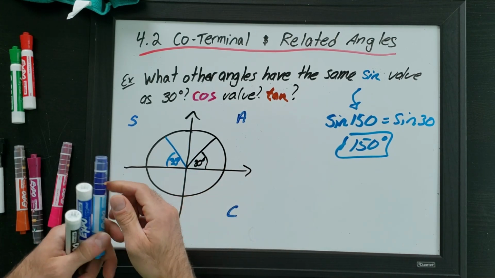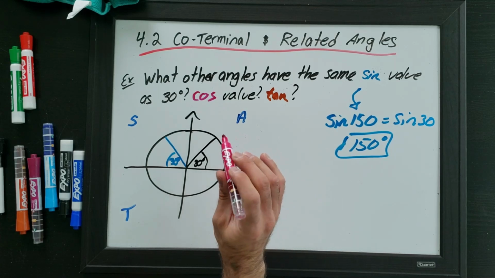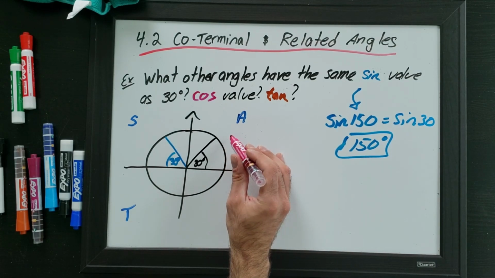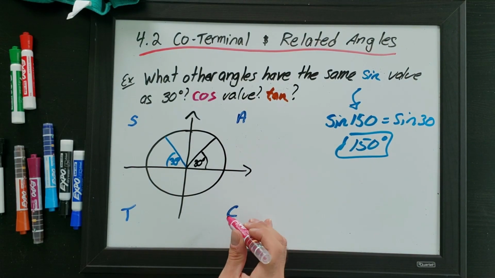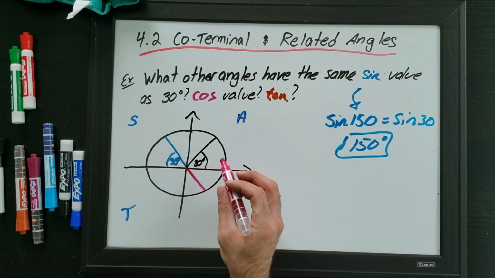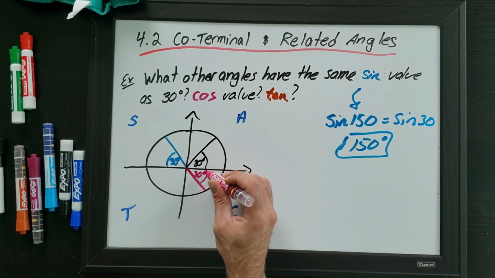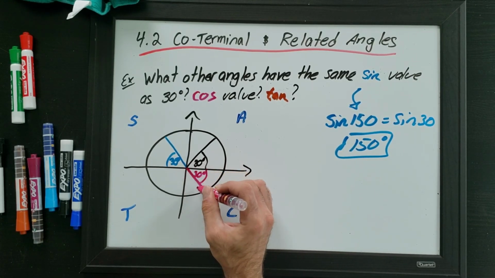Okay, so let's take a look when we do cos. Cos is positive here. Well, where else is it positive? Here. Cos is positive here. So my related angle is here. And like I said, it always has to be with the x-axis, 30 degrees. What angle is this terminal arm from starting position?